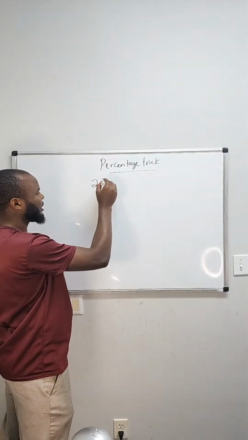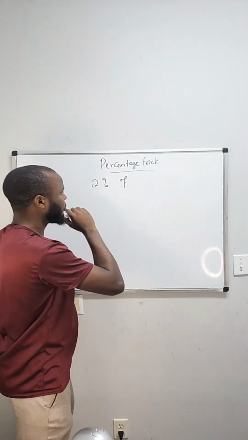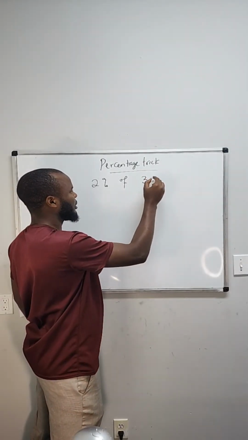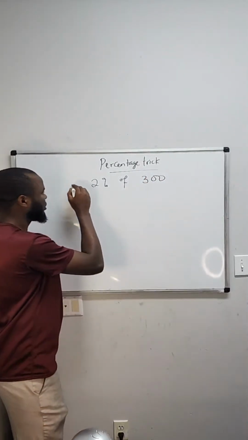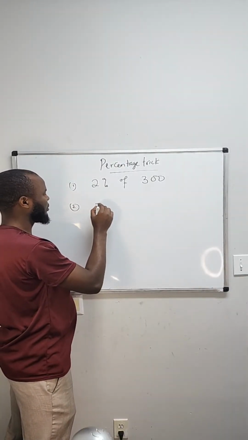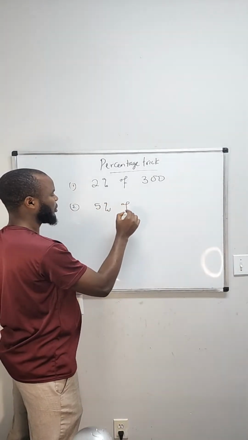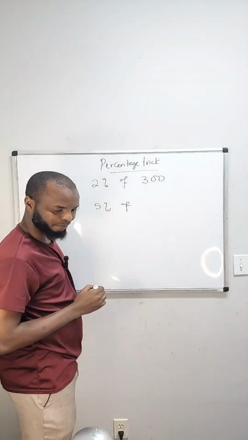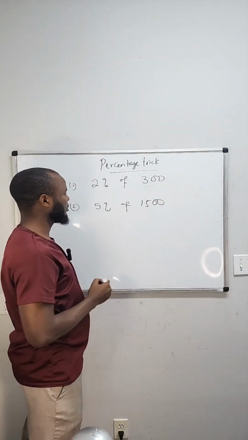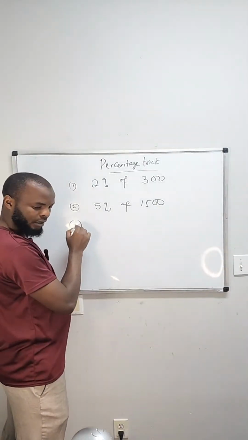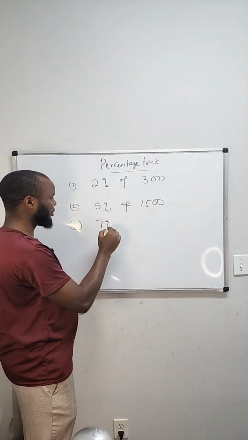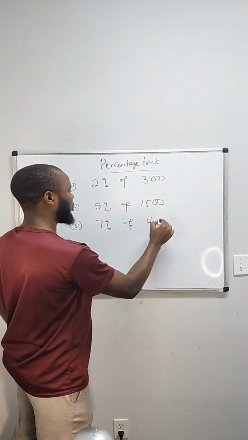If you have 2% of 300, you have 5% of 1500. Number 3, here you have 7% of 400.